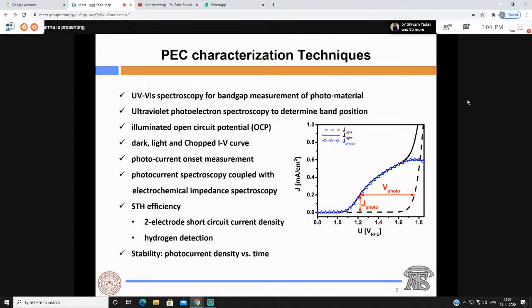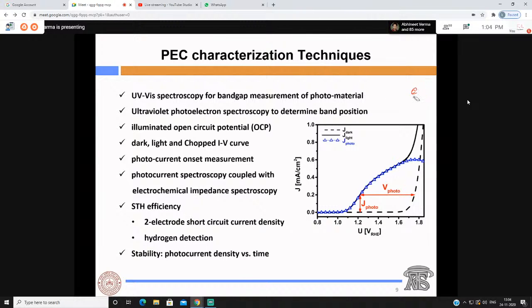First, if we have some material, we need to know what the band gap is. If it has a band gap less than 4 electron volt, then it is a semiconductor material. We can utilize it for the photoelectrochemical water splitting reaction. So first we find out what the band gap is.